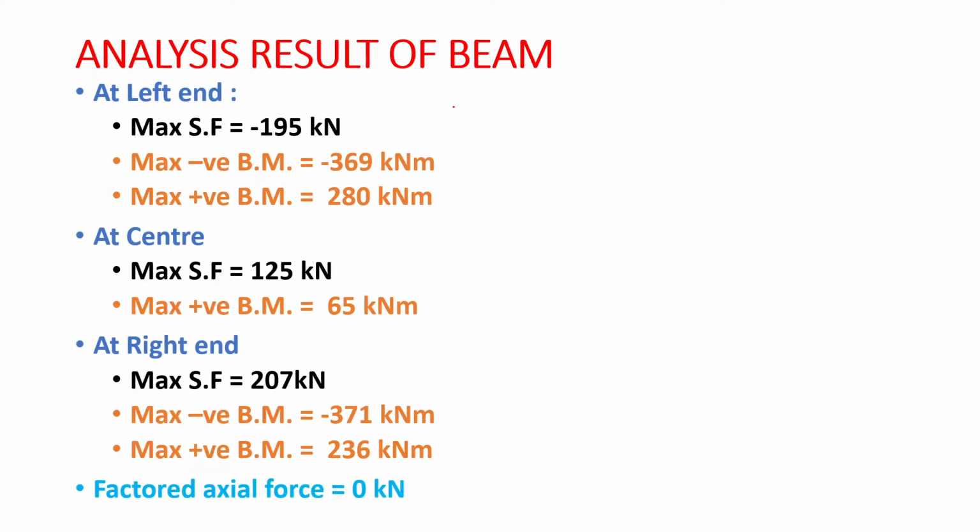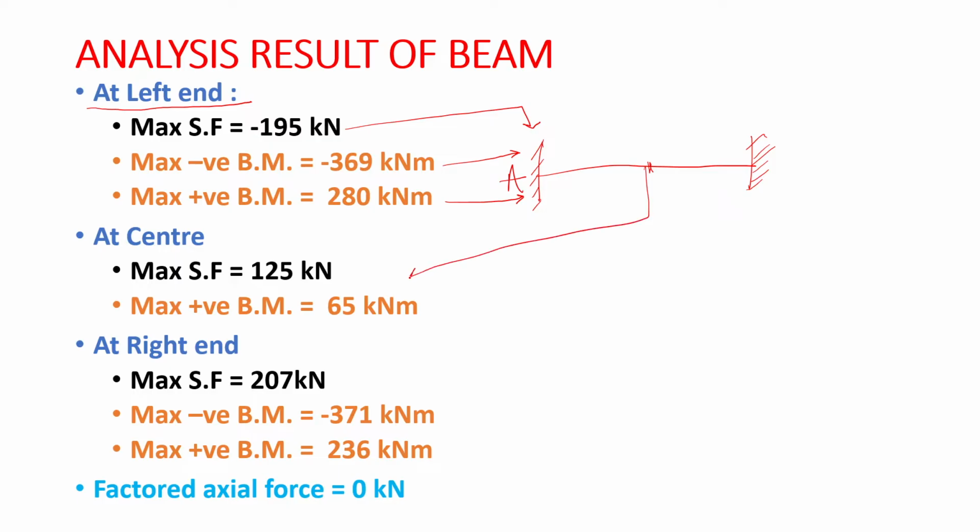After analysis, as we know, if you consider a beam and apply the load combinations and do the analysis, then these are the results at the left end, suppose this is end A. This is the maximum shear force, maximum negative bending moment and maximum positive bending moment at end A. Then this is the central portion, where shear force and bending moment values are given.